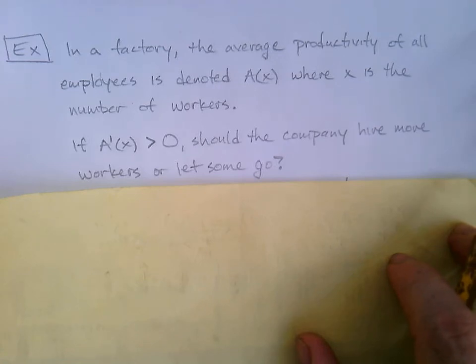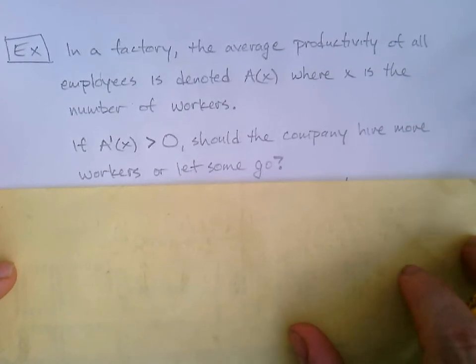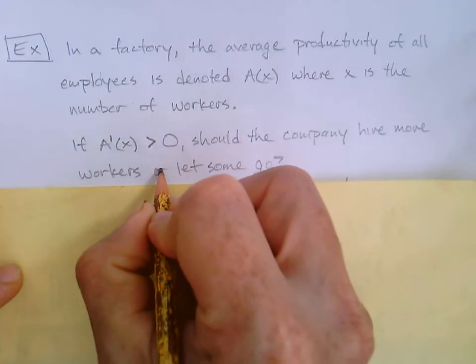Okay. And we're just going to call that A of X. If A prime of X is greater than 0, should the company hire more workers or let some go?